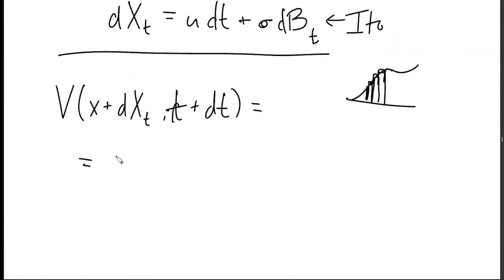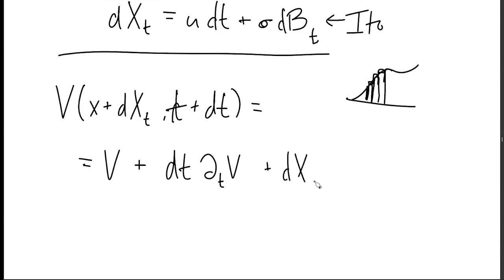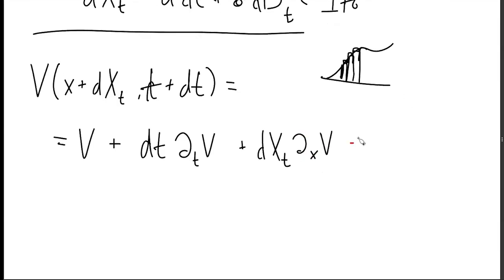V, as I meant it before, plus dt partial_t V plus dx_t partial_x V. And then I'm going to take that second degree term, dx_t squared partial_xx V. Right, so that's the second order Taylor series in the dx_t term.